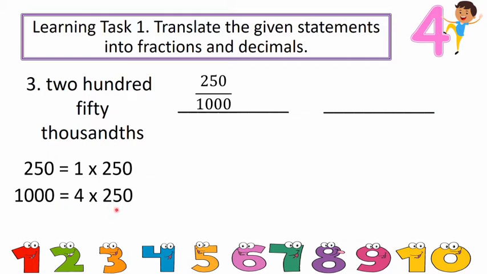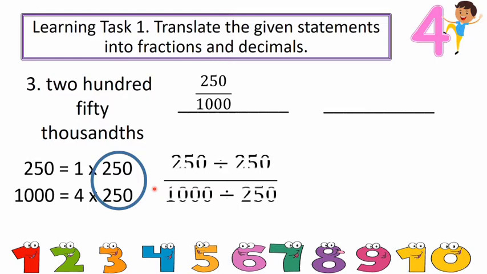So we have this greatest common factor, which is 250. We will divide the numerator and the denominator by 250. So 250 divided by 250 over 1,000 divided by 250 is equal to 1 over 4 or 1/4. So the lowest term of 250 over 1,000 is 1/4.